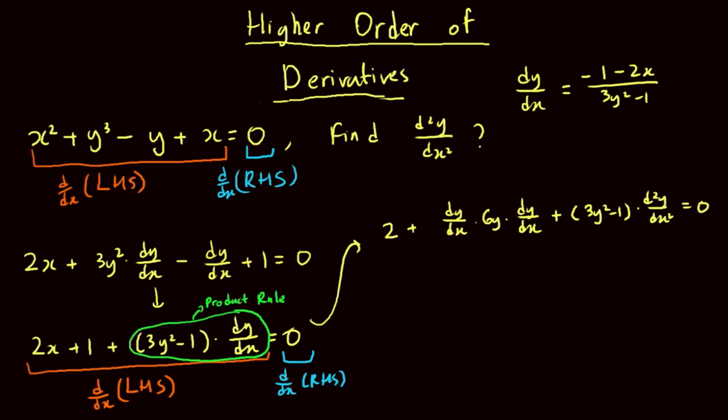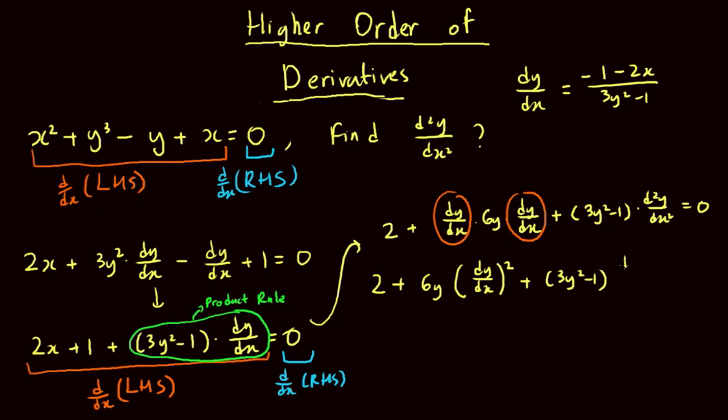One thing I'd like to clarify is that, let's say for example you have here 2 dy over dx. That would mean that once we go back to the original equation, it becomes 2 plus 6y dy over dx squared plus 3y squared minus 1 d squared y over dx squared equals 0.